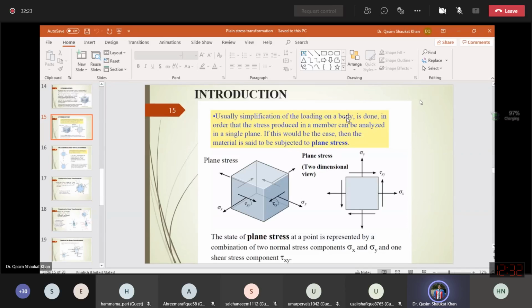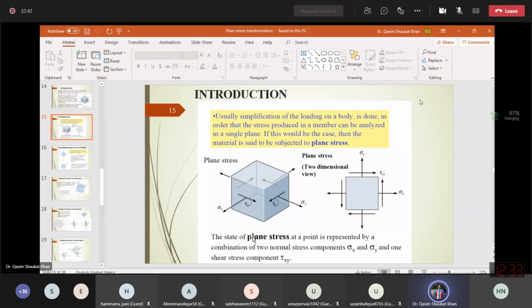Simplification of the loading on a body, so that the stress produced in a member can be analyzed in a single plane. Single plane means biaxial stress state, means in one plane there are two axes. So the material will be subjected to a plane stress.